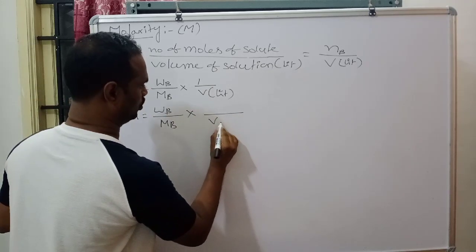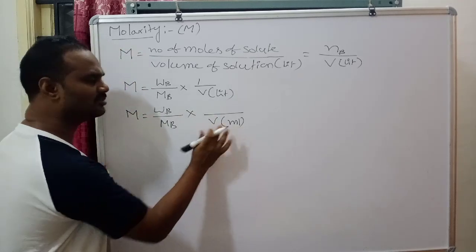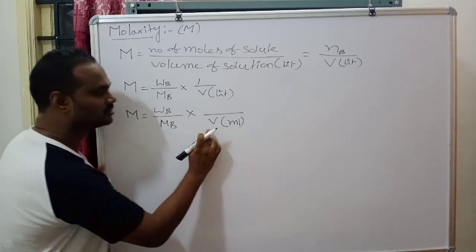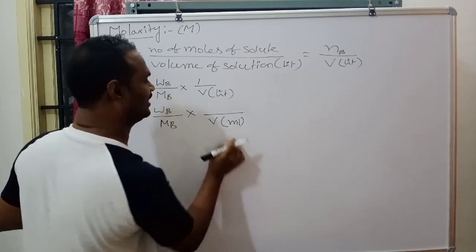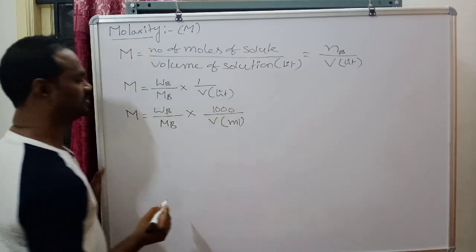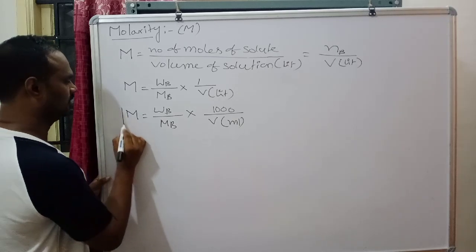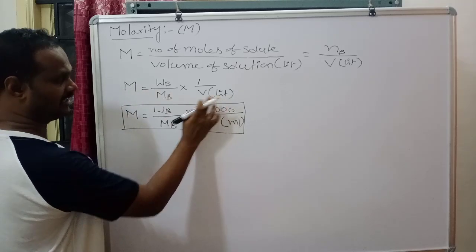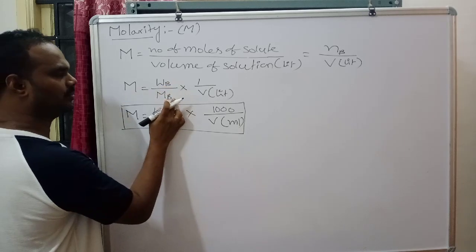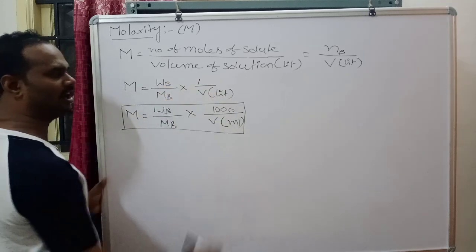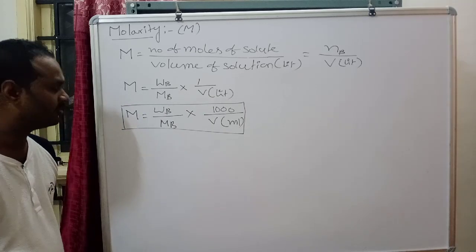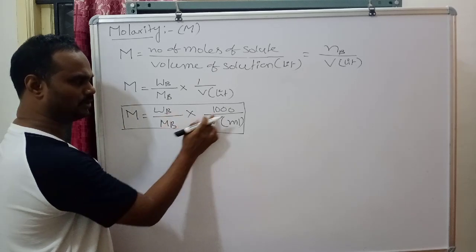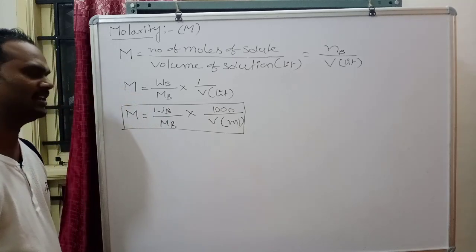Mass of solute by molar mass of solute, into 1 by volume of solution in milliliters. If the volume is given in milliliters, we divide the milliliters by 1000 to convert into liters, so 1000 comes in the numerator. This is the formula for molarity. If the volume is given in liters, molarity equals mass of solute by molar mass of solute into 1 by volume in liters, or molarity equals mass of solute by molar mass of solute into 1000 by volume in milliliters.